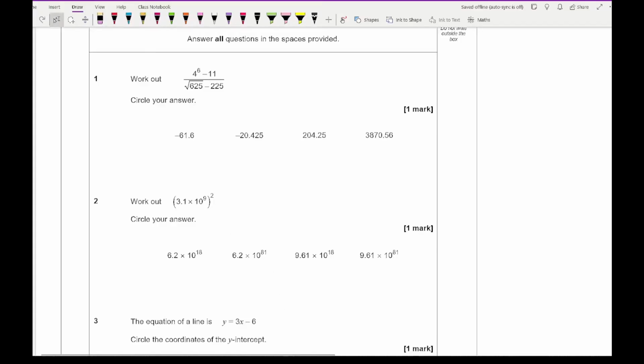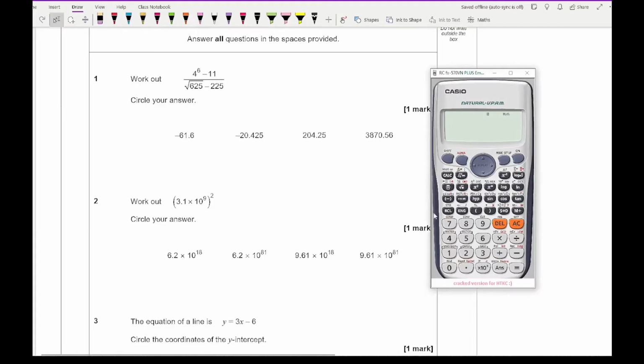So if I quickly load up my calculator, I first press my fraction button, then 4 to the power of 6, scroll across, subtract 11, then scroll down to the denominator, and then we'll want the root of 625. Then make sure that you are scrolling across because we only want 625 under the square root, and then we're subtracting 225, press equals, press the SD button, and you can see it's going to be our second option.